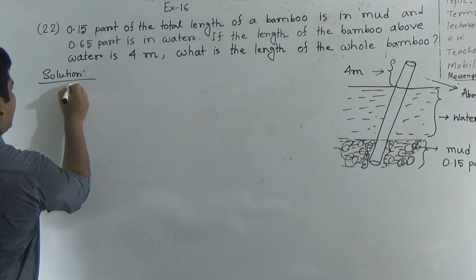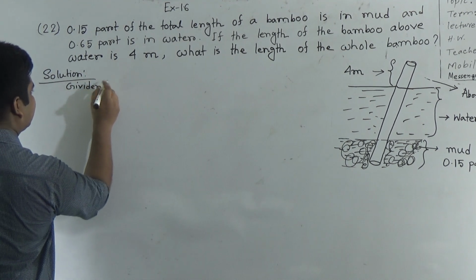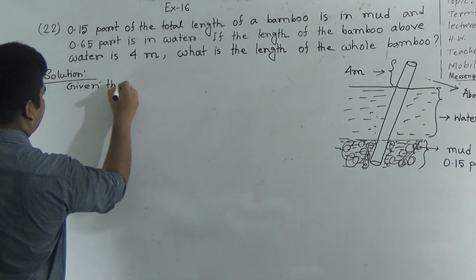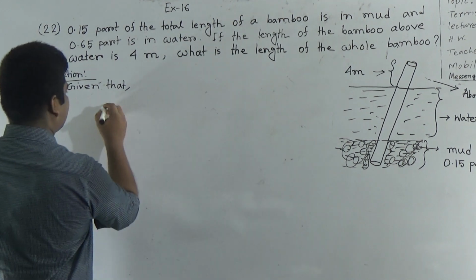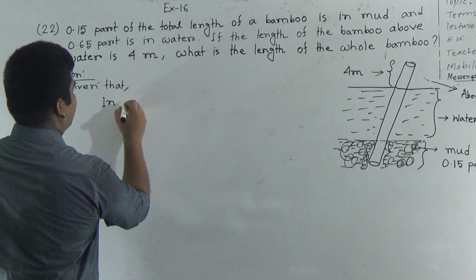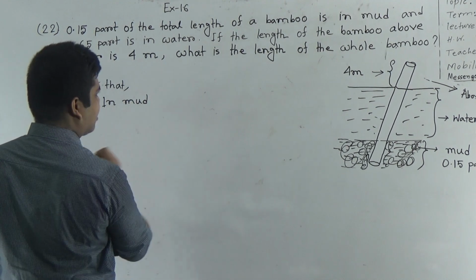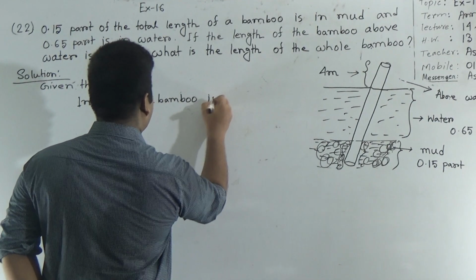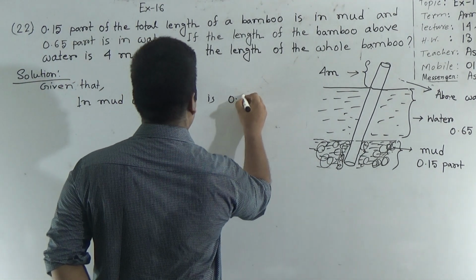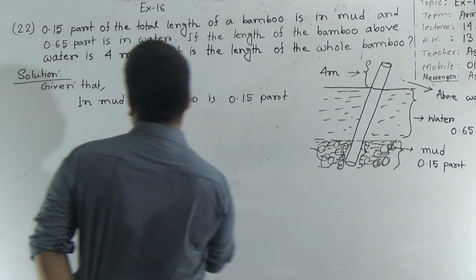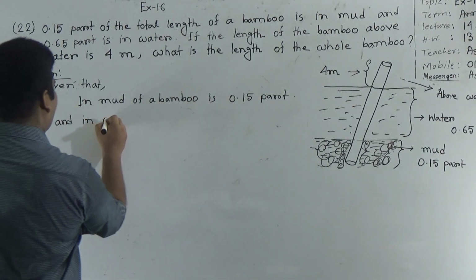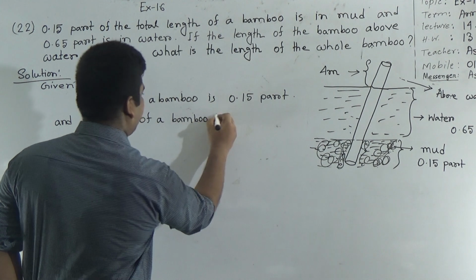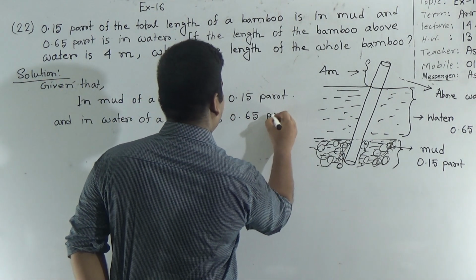Solution. Given that in mud of a bamboo is 0.15 part and in water of a bamboo is 0.65 part.